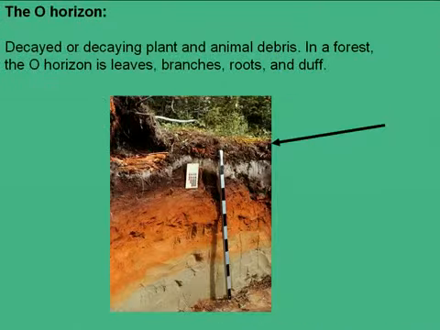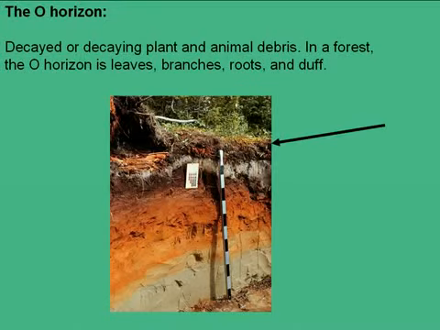At the very top of a forest soil horizon, you typically have the O horizon, or the organic layer, which is made up of decayed or decaying plant and animal debris, including leaves, branches, roots, and the loose stuff. It also includes some of that humus layer, and humus layer is organic material that you can't tell what it is anymore.